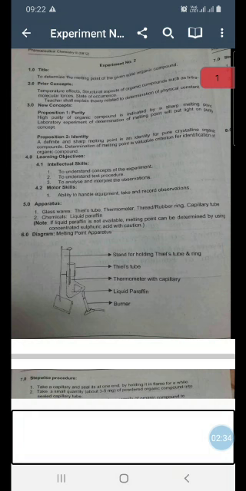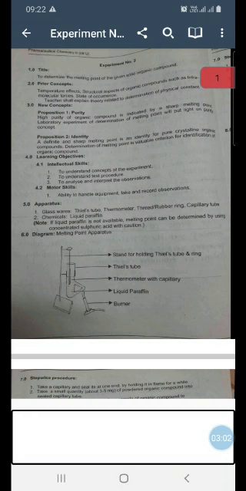But if a given compound melts in a range of temperatures, say for example, the melting point of benzoic acid is 120 degrees centigrade, and if it's in pure form, then when you determine its melting point, the whole compound which you have filled in the capillary will melt in one go at 120 degrees centigrade.